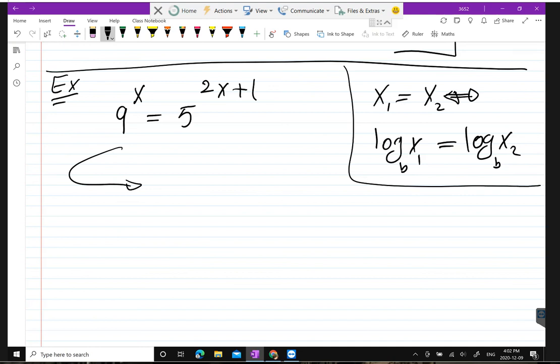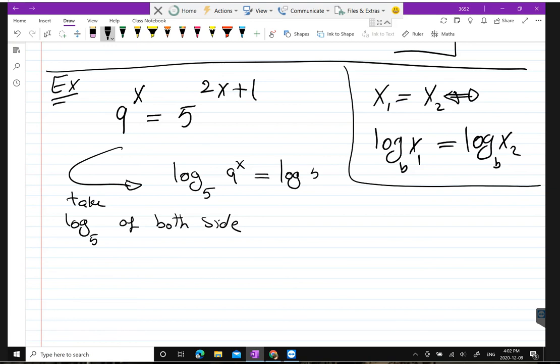So take log base 5 of both sides. This is the technique. So logarithm base 5 of 9 to the power of x is equal to logarithm base 5 of 5 to the power of 2x plus 1. That's perfect.